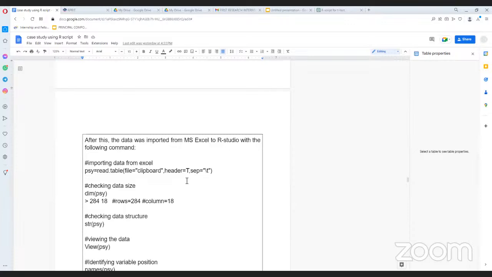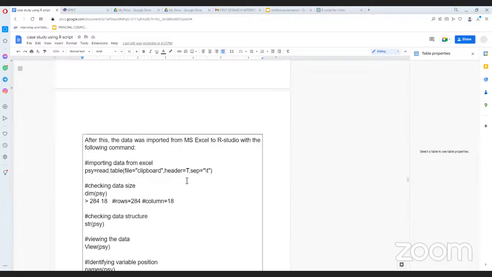Clipboard means whatever you have copied will be in the clipboard. This is applicable only when you want to import the data directly from the Excel datasheet to RStudio. Sep means separator.